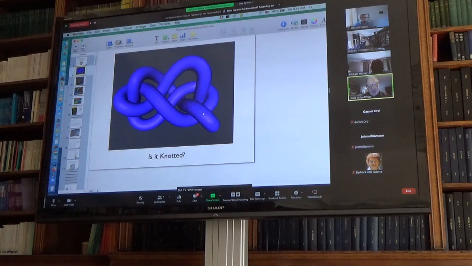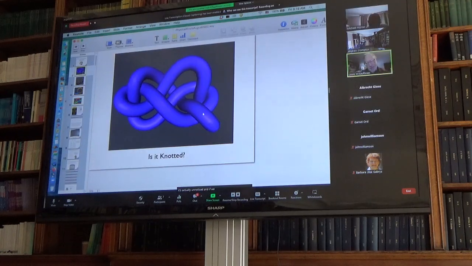And you might think, well, maybe it's knotted in the sense that you can't undo it if you're allowed to move it flexibly. But you'd be wrong. It's actually unknotted. And if we had some time, I would show you a film of it being unknotted. But if you want, you could try to visualize the unknotting of this.